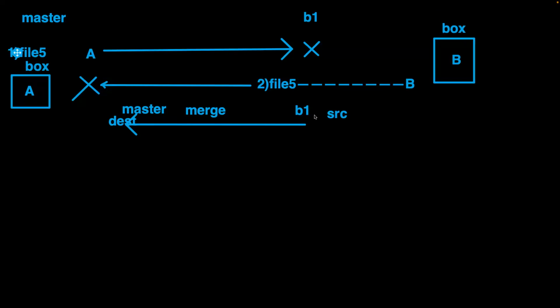Merge means it will bring something from B1 and put it in master. It will bring this box and put it here. Does it override this A? No, it will not overwrite.